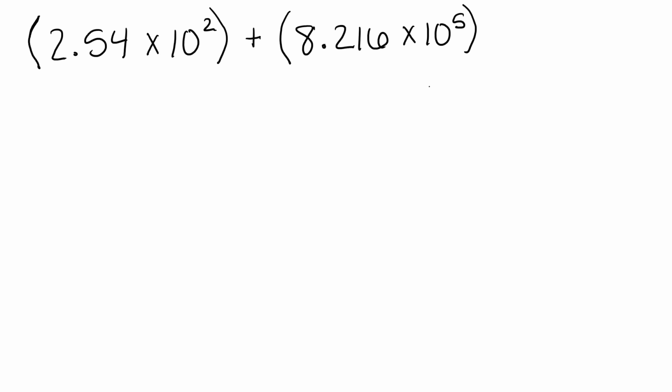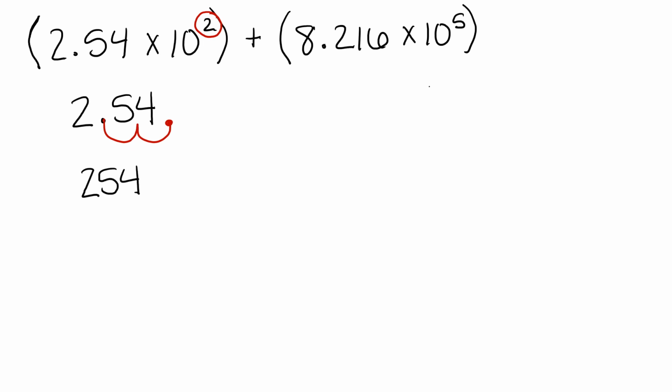Now, when we're adding, we're going to start by putting the numbers in standard form. Meaning, we take the decimal, 2.54, we move the decimal point 2 times, 1, 2, and we write our regular number, 254.